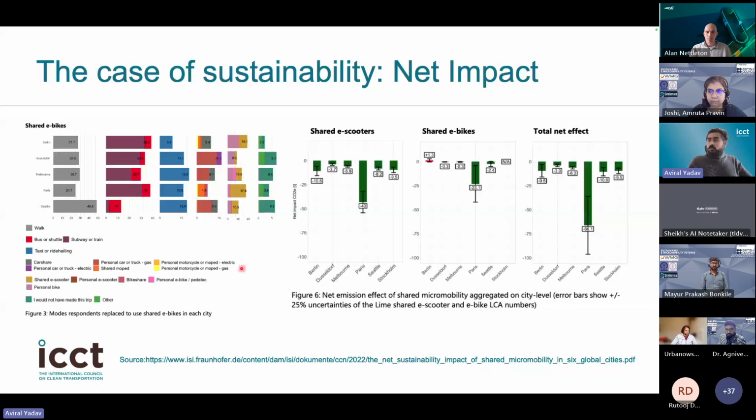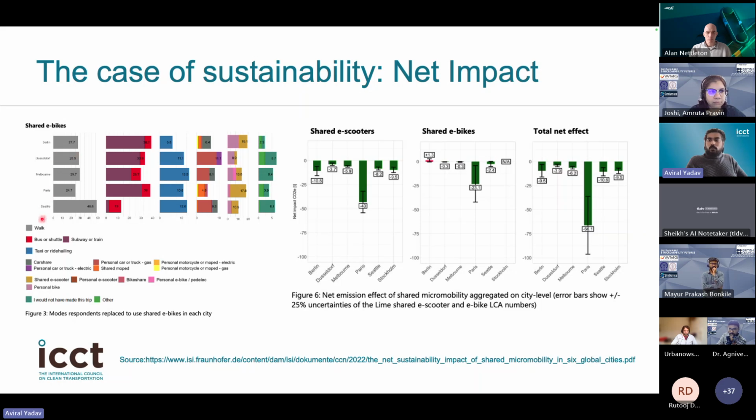But then the next question comes: if we have electric micromobility, will people not stop walking? Will they not shift entirely to this? So again, this study answers that it doesn't happen. They studied these 5 cities: Berlin, Düsseldorf, Melbourne, Paris, Seattle.